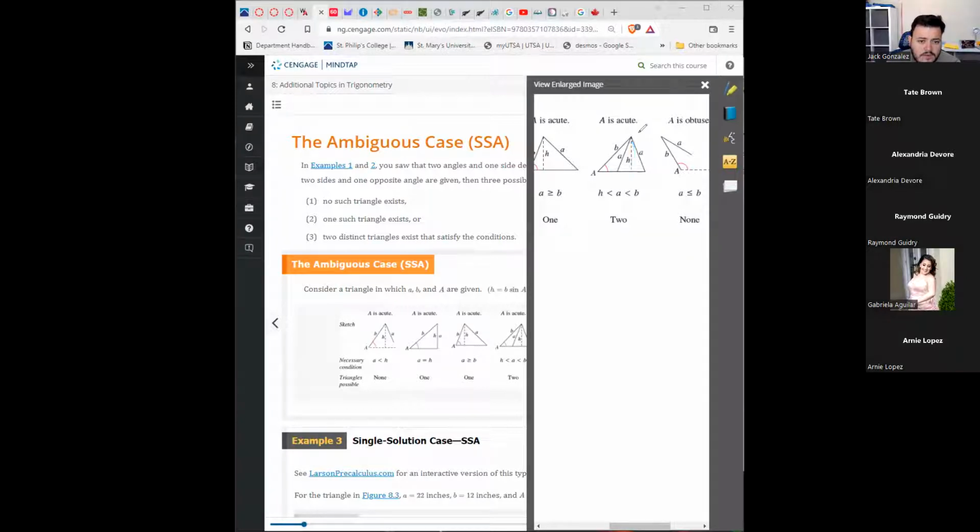So the A side can swing inward or swing outward. So you have 2 triangles that are formed. So you got to find different pieces here.